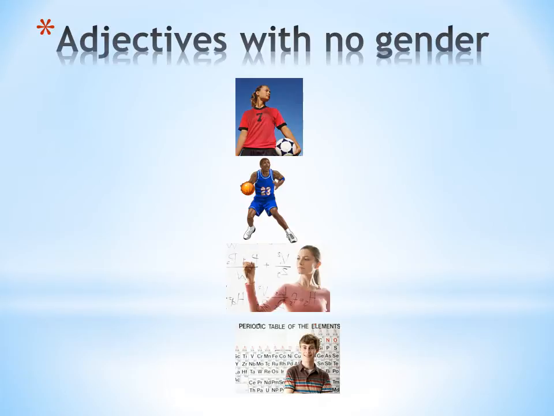There are, however, some adjectives that have no gender. In other words, we don't have to change them for describing a female person or a male person. The adjective always has the same form. These adjectives are generally adjectives that end in E or in ista. Here are a couple of examples.